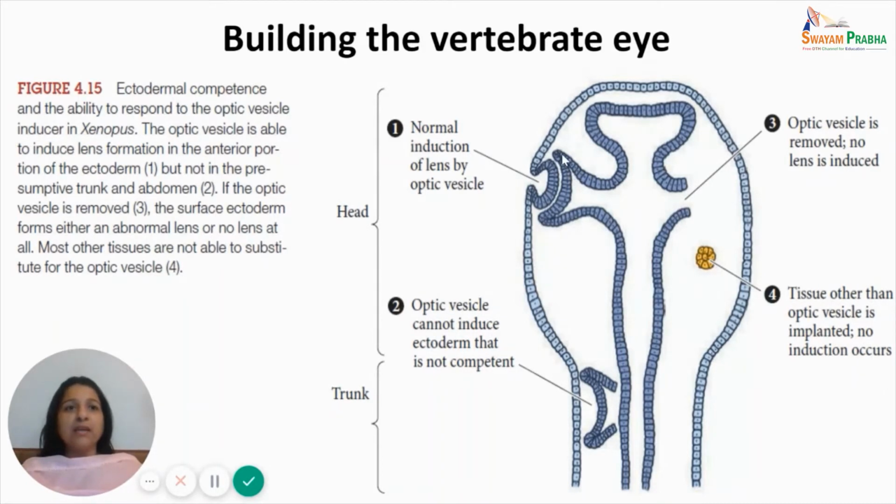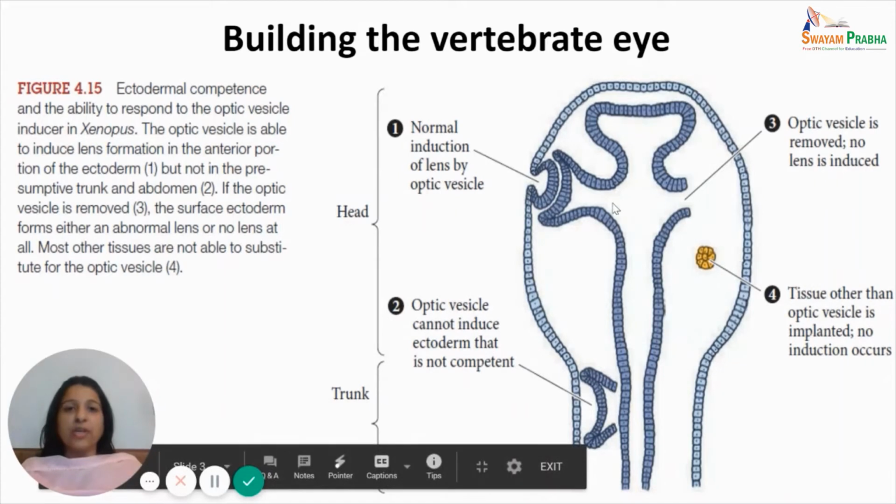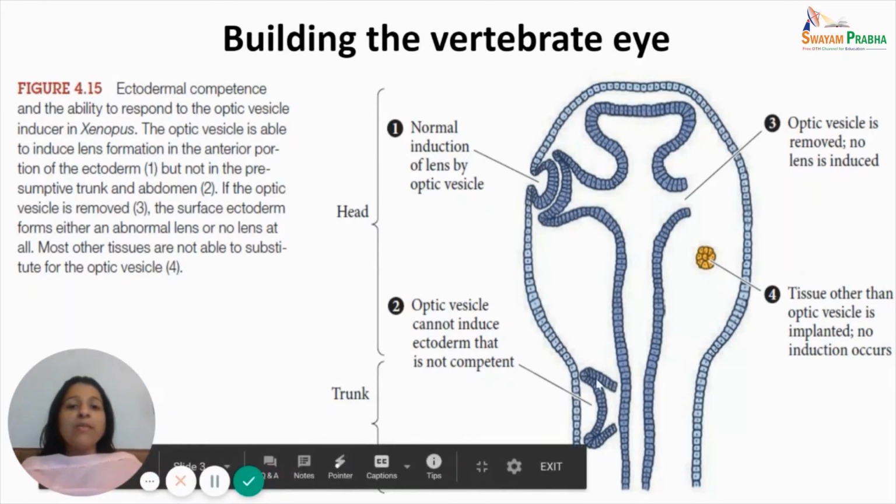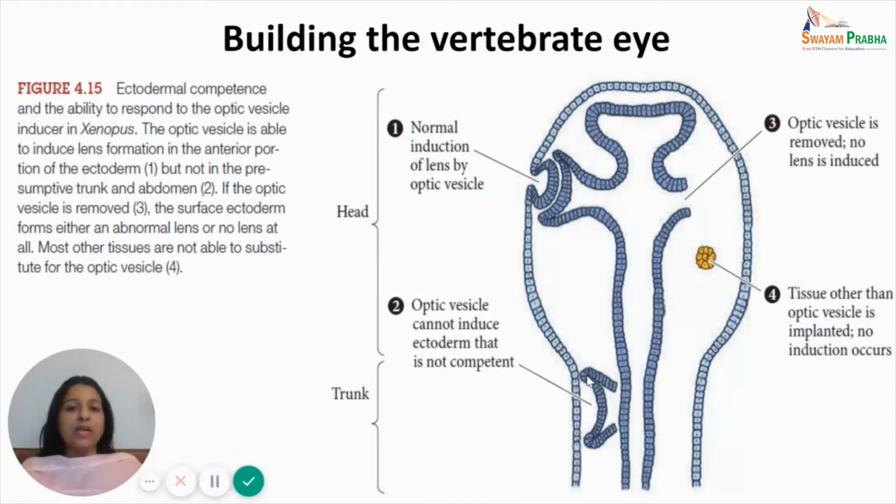So the vertebrate eye is formed by reciprocal paracrine interactions between these two regions, the prospective lens and the prospective optic vesicle region. Now here, the head ectoderm is the only region which is capable of responding to the inductive effect of the optic vesicle. As we can see, this is the complete head region or the ectoderm of the head region. And then first it is written that the normal induction of lens happens by the optic vesicle. However, if the optic vesicle is placed under the trunk tissue, it cannot induce the trunk ectoderm to form the lens.